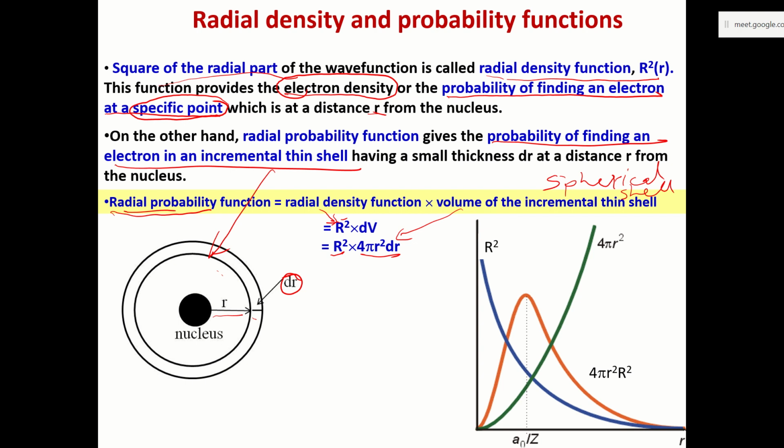We have just seen this for the 1s orbital. So suppose this is for the 1s orbital. We have seen how it has only an exponential decay profile. So the square of the capital R will again have the same profile, exponentially decaying, right? Look at the blue line, this is an exponential decay profile, the same; just the values change when we square it. So it will have the same profile. Now look at the other term, 4 pi r square. How will it change?